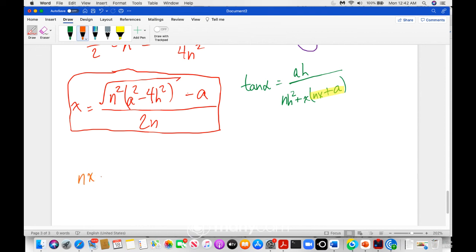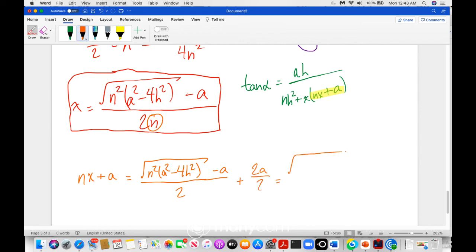Well, if you take x times n, that is going to cancel with this n right here, and we're going to get the square root of n squared times a squared minus 4h squared, minus a, all over 2, plus an a, which can be written as 2a over 2. Okay, but then this is the square root of n squared times a squared minus 4h squared plus a. Okay, so that is nx plus a.